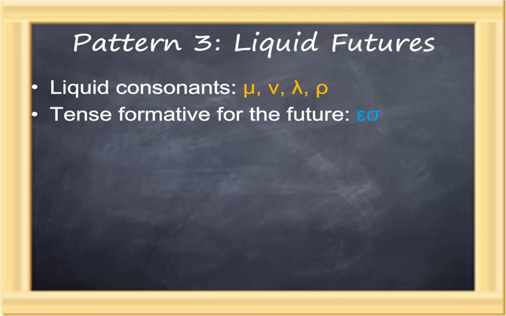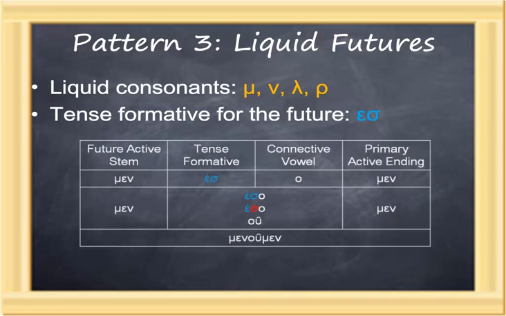In the case of a stem ending in a liquid, the tense formative for the future is not sigma, but epsilon sigma. So the future active of a liquid verb is formed by combining the future active stem, the tense formative epsilon sigma, a connecting vowel, and a primary ending.